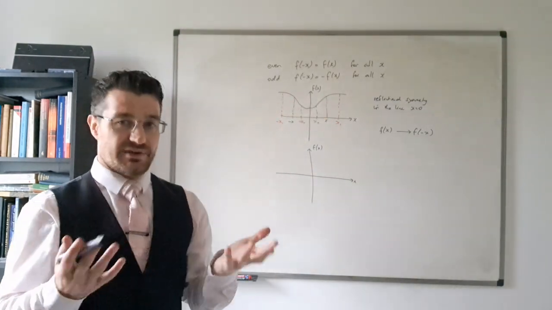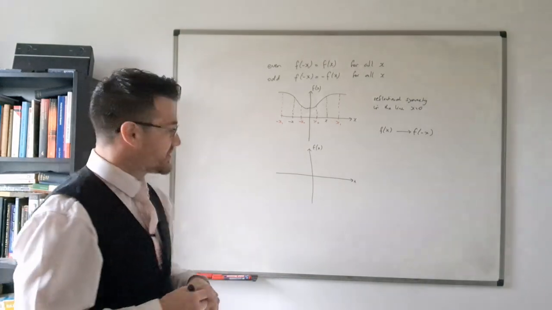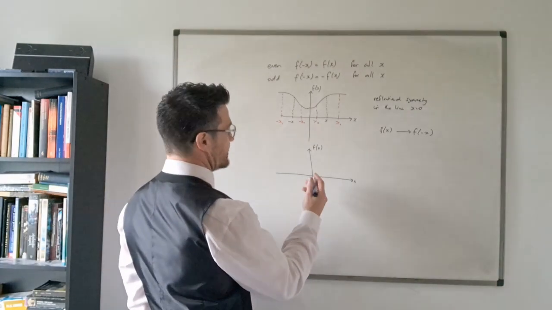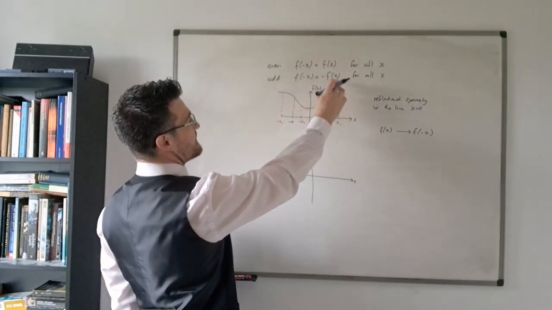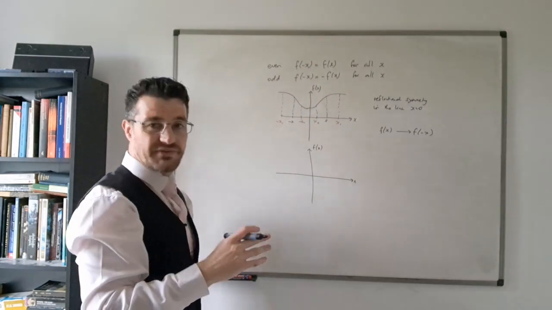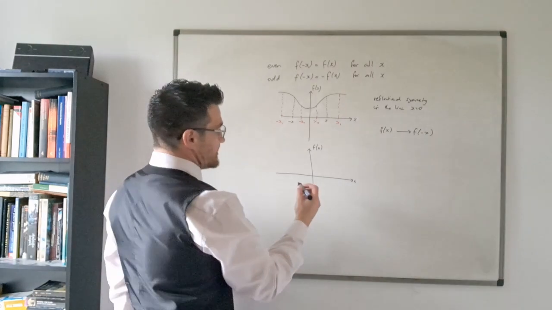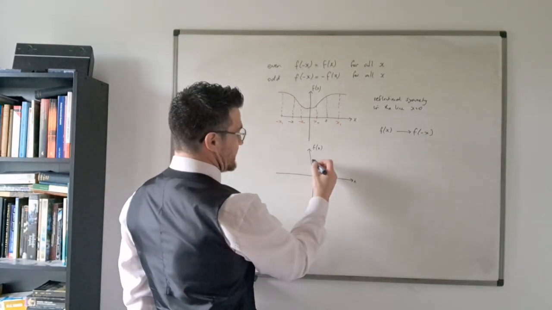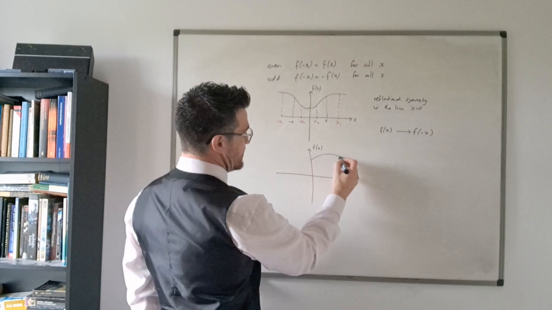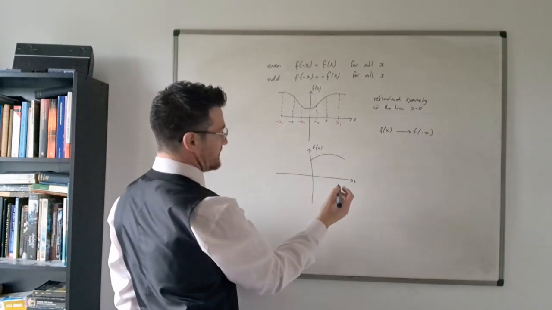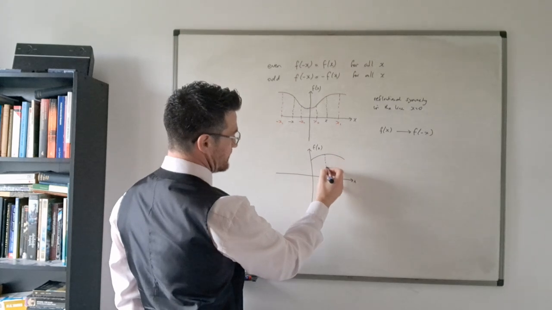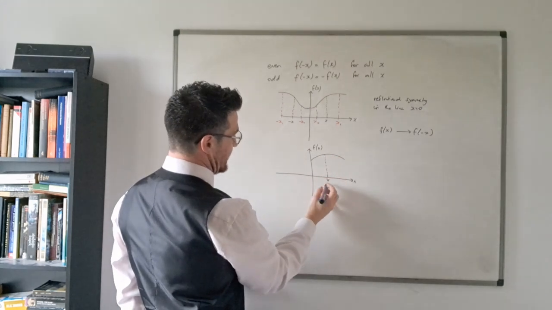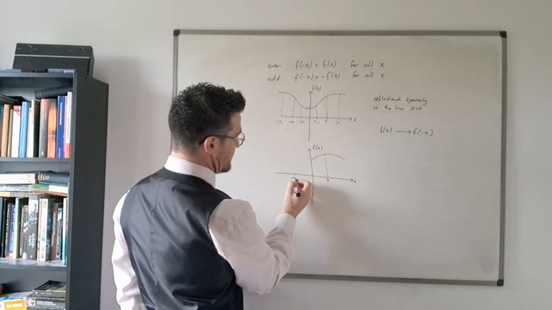So let's say we're trying to figure out what a graph of an odd function might look like. Okay, so let's do a similar thing. We've got this kind of division between positive values of x and negative values of x, maybe. So I'm going to concentrate on positive values of x, and I'm going to draw my graph something like that. Okay, and I choose a value x, and I go to its corresponding negative over here, minus x.